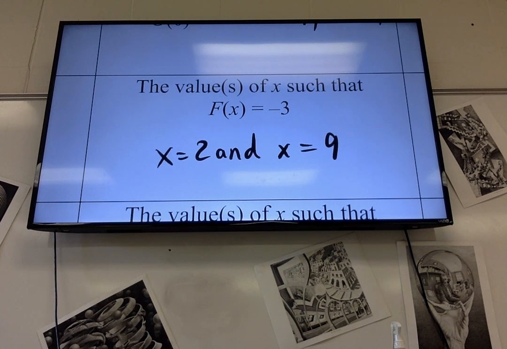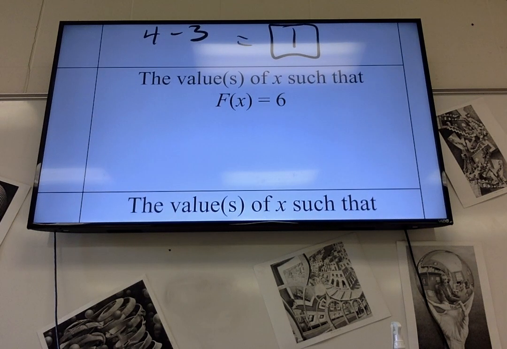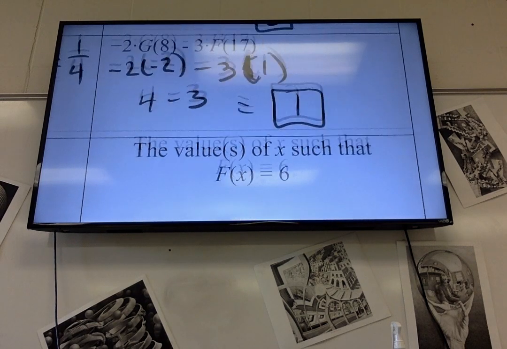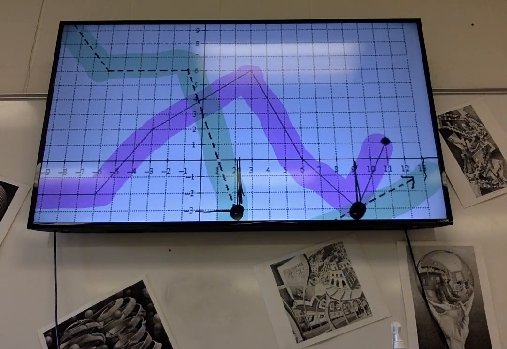Find the value of x such that f of x equals... oh, no, we'll do this one together because it comes out weird. Values of x such that f of x equals 6. F of x is 6 is this whole line right here. Do we just put the greater than? You would, well, you could. I'm going to put it in brackets though.